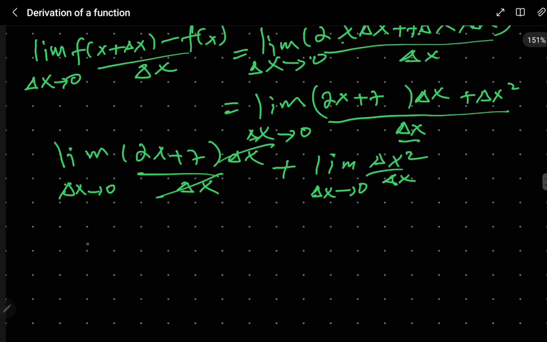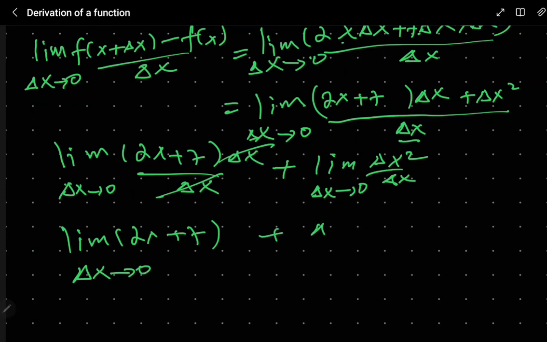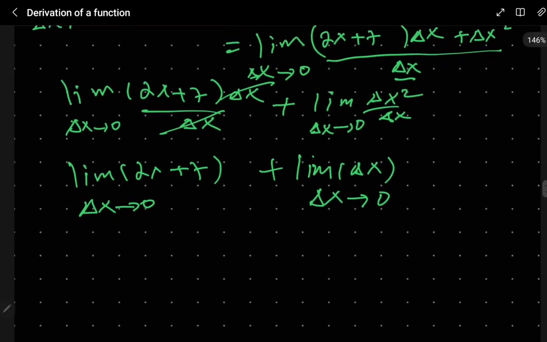But this cancels this one. The limit of 2x plus 7 as change in x goes to 0 is how much? And plus the limit of change in x as change in x goes to 0. But this one is 2x plus 7 plus 0, so the derivative of f of x.